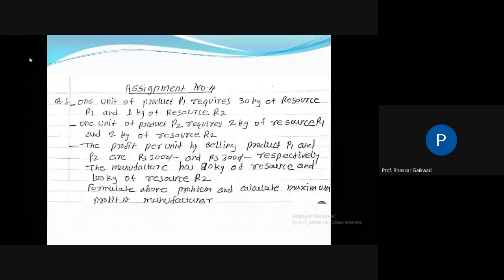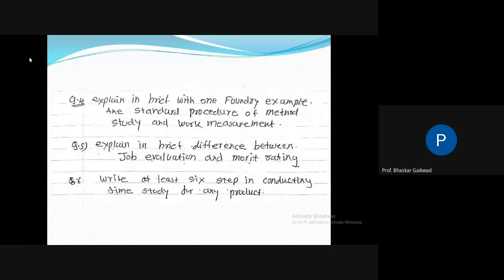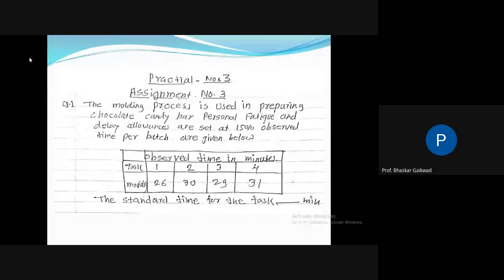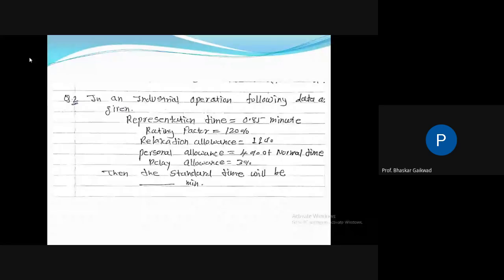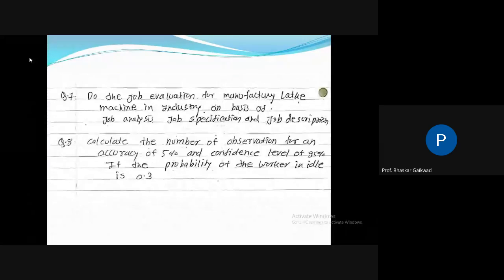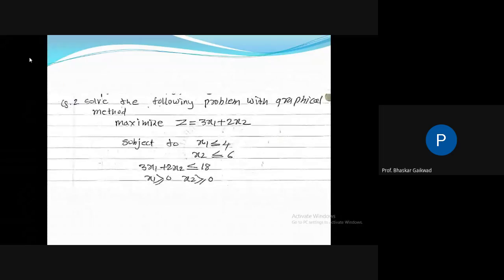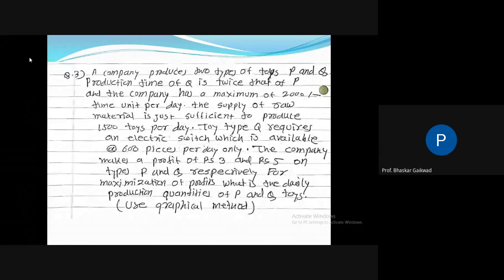But before that, if anybody has any doubt, you can ask me. You can find assignment number 4 and assignment number 3 in the given links.